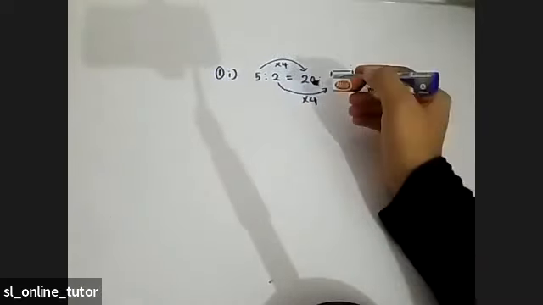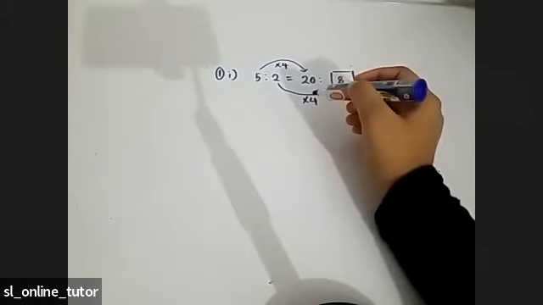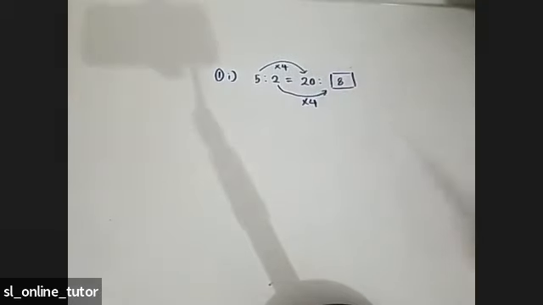So like this, you can complete all the tables. Sometimes there are situations where you have to divide also. In some situations, you have to multiply. Right, now start doing the first question and finish it off.